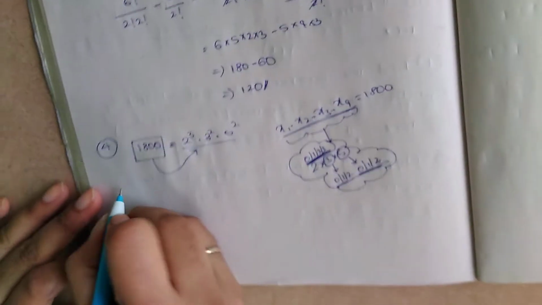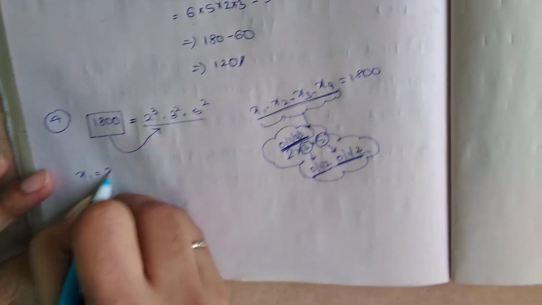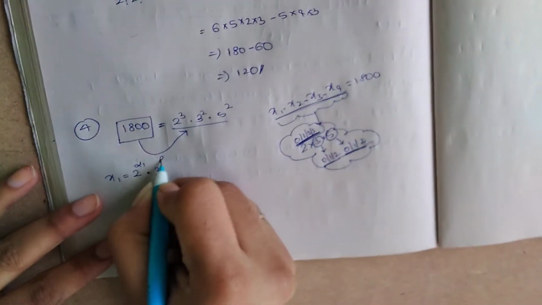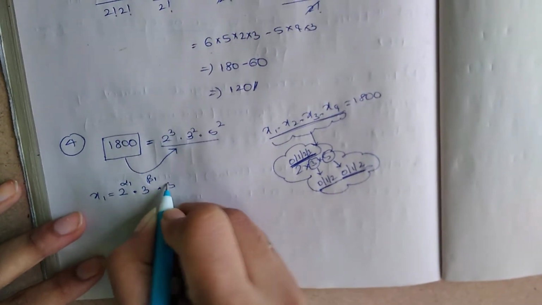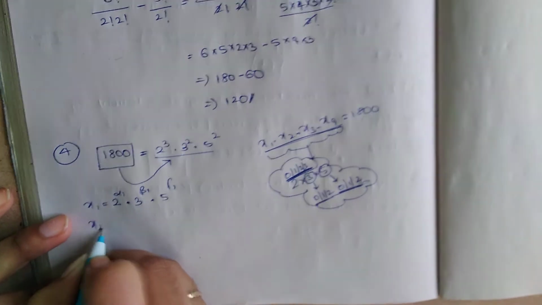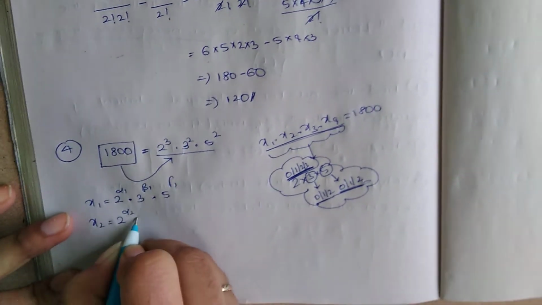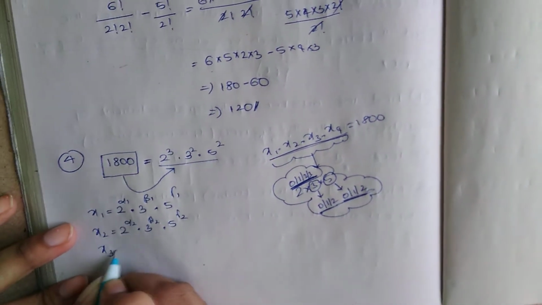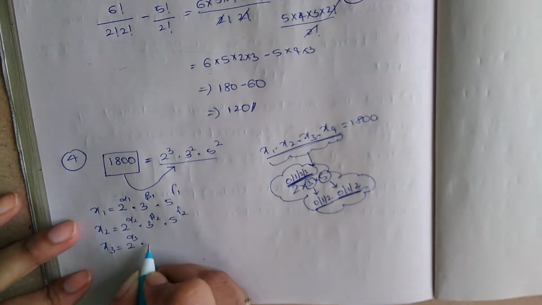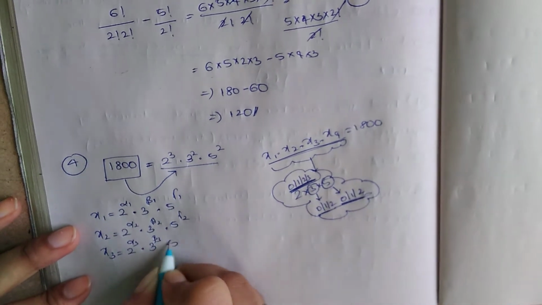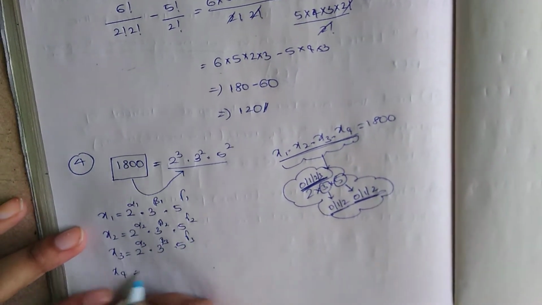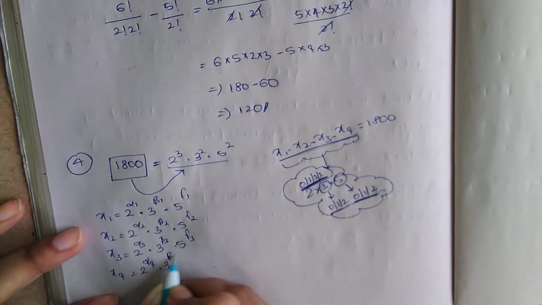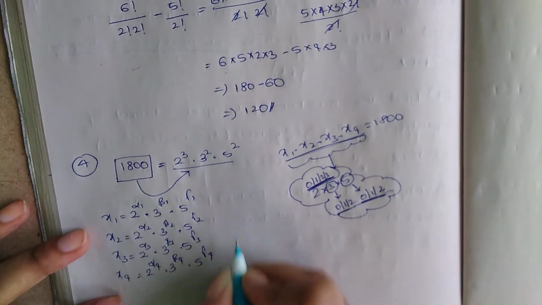So x1 can be written as 2 power alpha 1 into 3 power beta 1 into 5 power gamma 1. What can x2 be written as? 2 power alpha 2, 3 power beta 2, 5 power gamma 2. x3 can be written as 2 power alpha 3, 3 power beta 3, 5 power gamma 3. x4 can be written as 2 power alpha 4, 3 power beta 4, 5 power gamma 4.